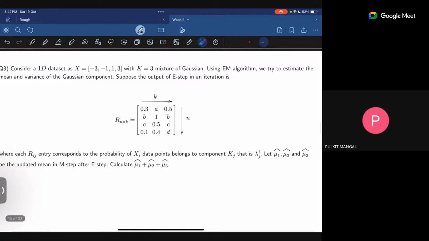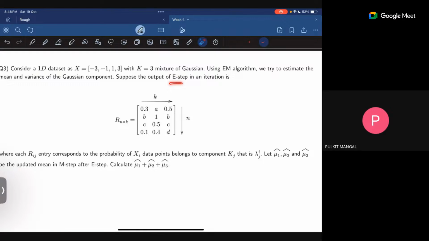So the third question is on the EM algorithm. Consider a 1D data set -3, -1, 1, 3 with k equal to 3 mixture of Gaussian. Using the EM algorithm, we try to estimate the mean and variance of the Gaussian components.